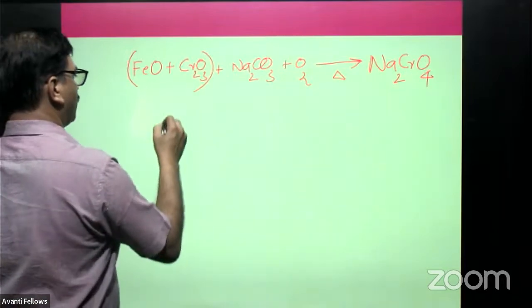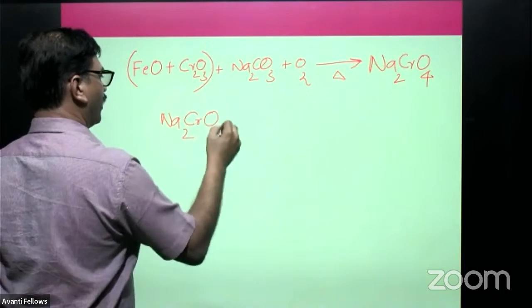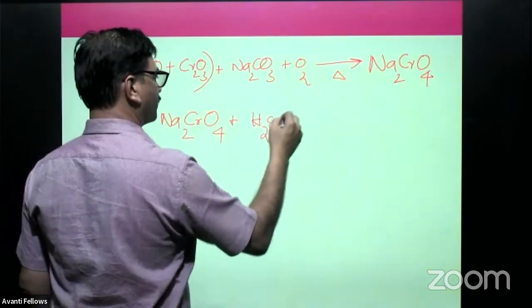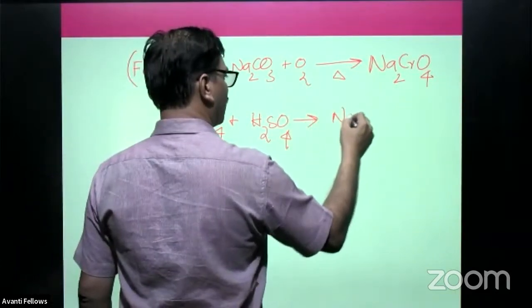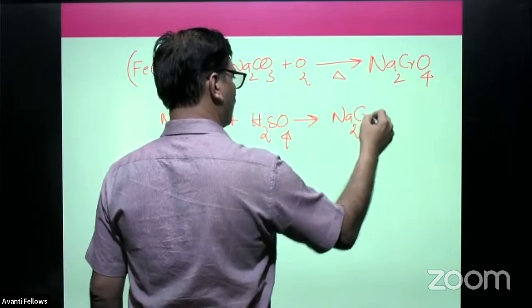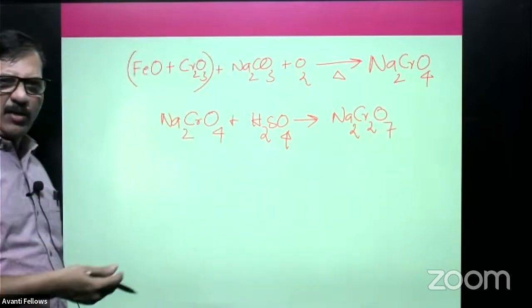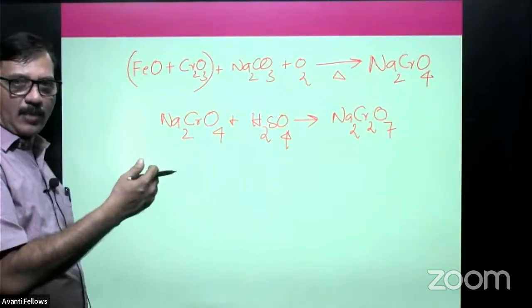Then sodium chromate, when mixed with sulfuric acid, we get sodium dichromate, Na2Cr2O7 plus Na2SO4 plus H2O. These are the other products.